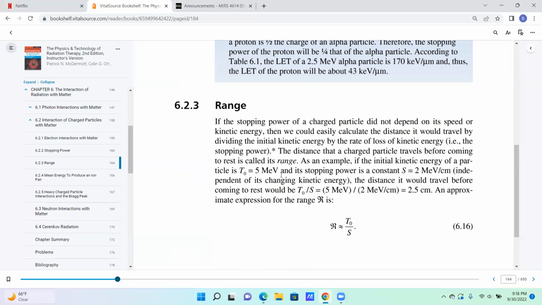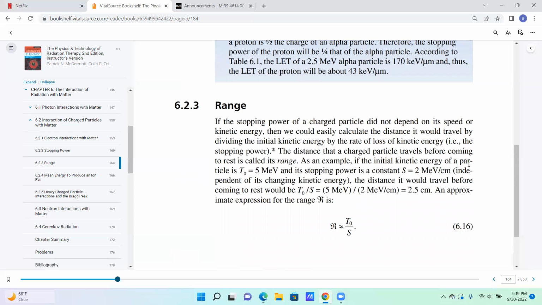Here's one that's probably a little easier to grasp, and it is the range. If the stopping power of a charged particle did not depend on the kinetic energy, then we could easily calculate the distance it would travel by dividing its initial kinetic energy by the rate of loss, in other words, the stopping power. The distance that a charged particle travels before coming to rest is called its range.